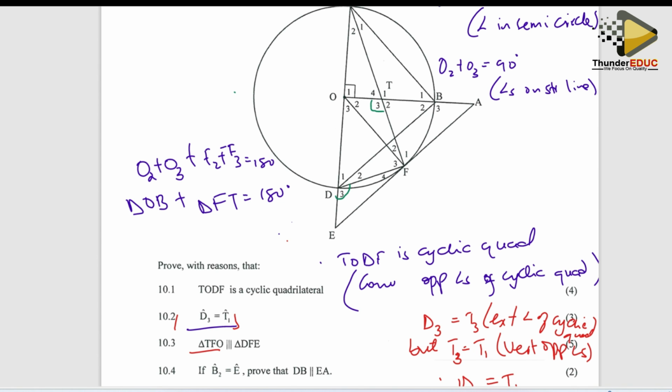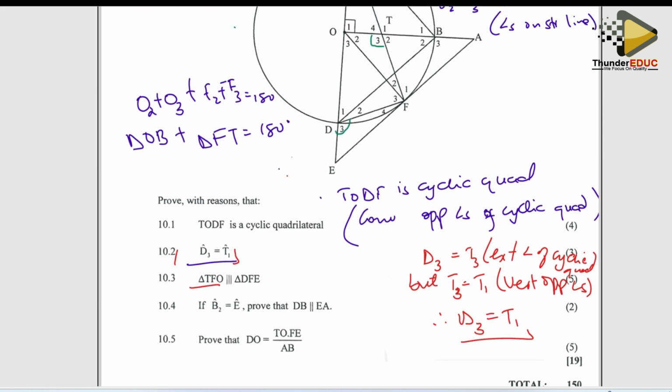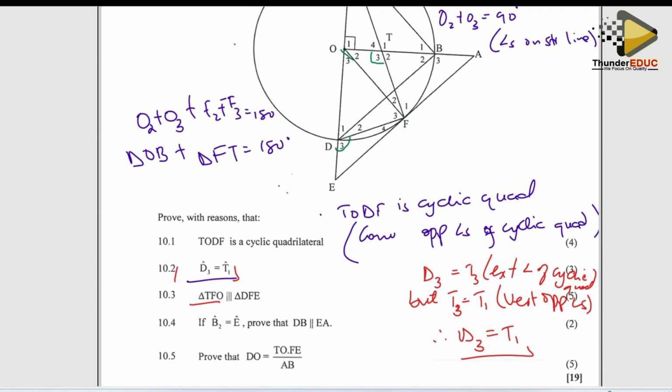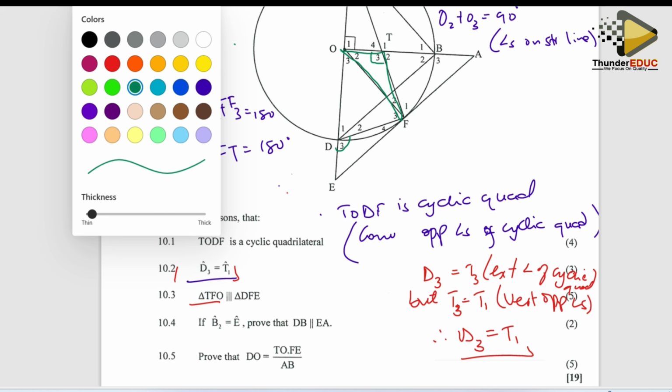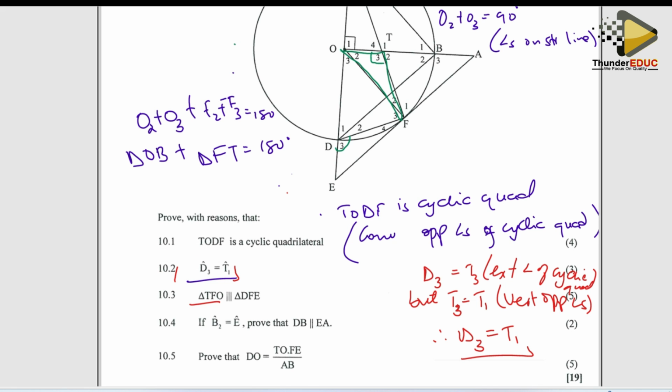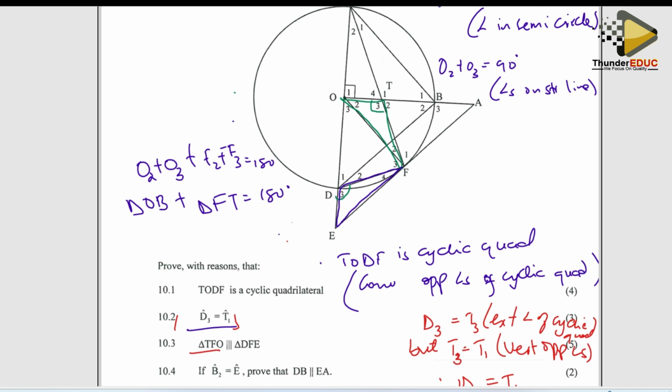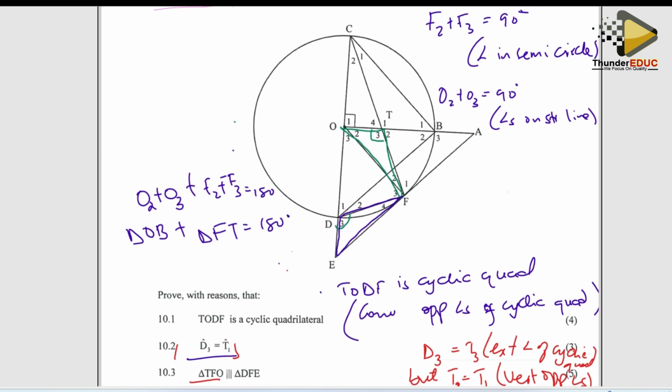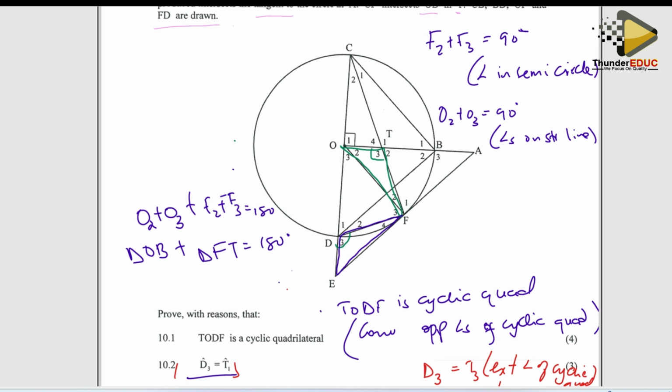Alright, so prove that TFO is similar to which one? To DFE. So we can start by saying that T3 is the same as D3.